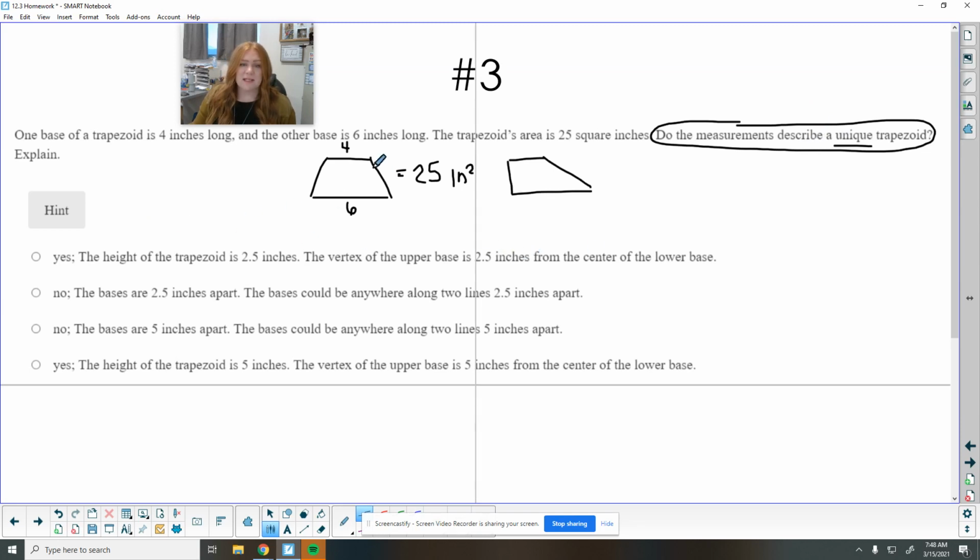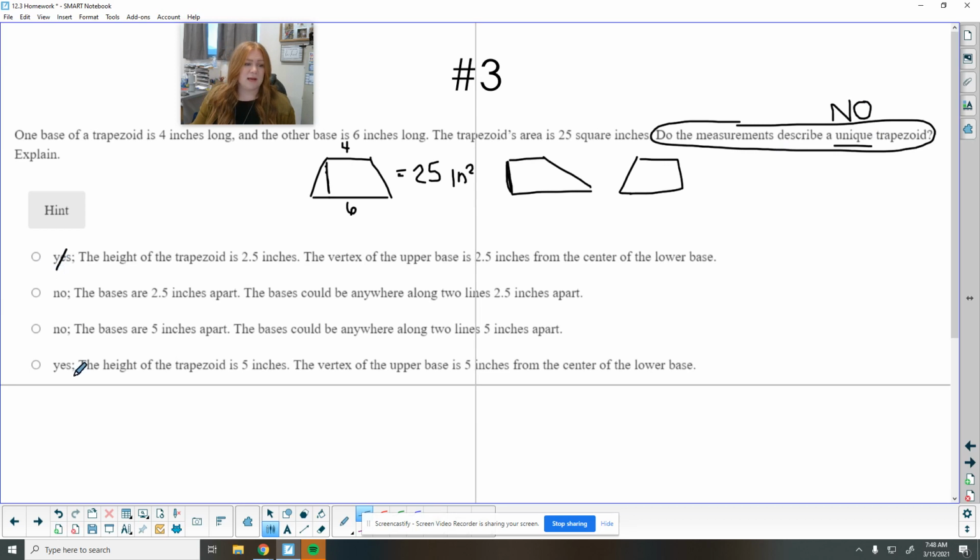As long as the bases are 4 and 6, and as long as this right angle height is the same, it's not going to matter what my trapezoid looks like. I could turn it different ways. So I'm going to say no, it's not a unique trapezoid. There's more than one way we can draw that with those same measurements.